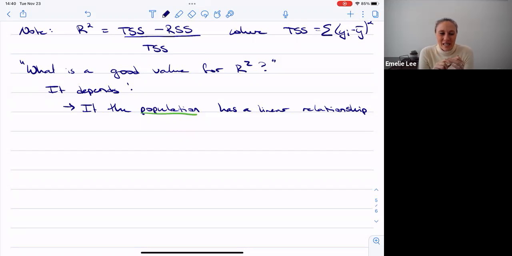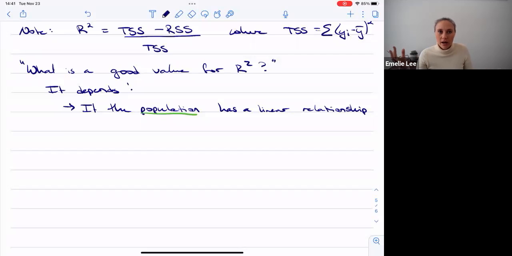I made up a bad example, I think, but for example, in physics, we have these perfectly straight line relationships, and so then we're expecting a really high R squared. So if we're pulling from a truly linear relationship, then we expect really high values of R squared, closer to 90%.